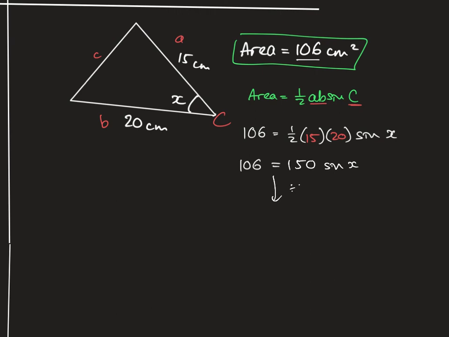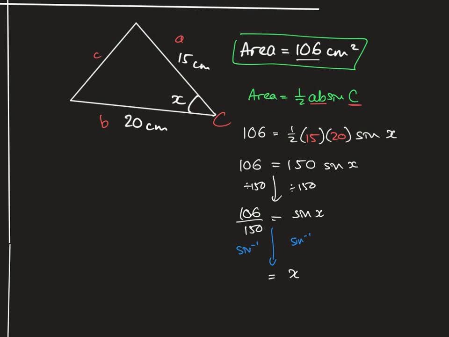Now, I can divide both sides by 150. So 106 divided by 150 will be equal to sine x. And then all I have to do is the 106 divided by the 150. And then there we go, this is the rule here. We do sine to the minus 1 of both sides so that we get the x on its own.